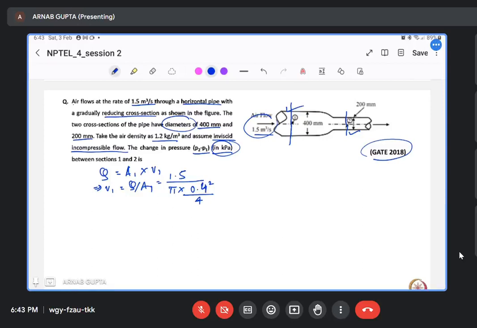Okay. One thing, like, if you are comfortable converting these values immediately to simpler forms, then it is fine. Otherwise, you can keep it like this. In the final calculation, you can substitute the values. So that will save you some time. Every time you don't have to open the calculator window and all.